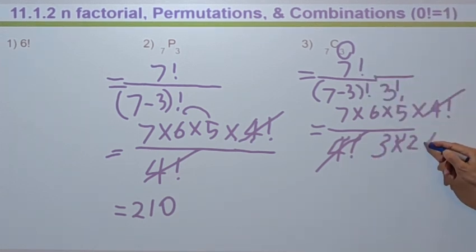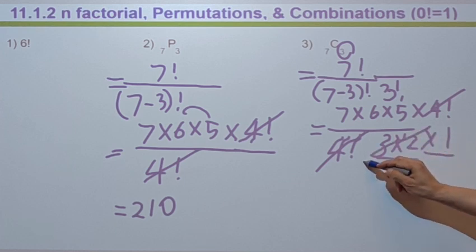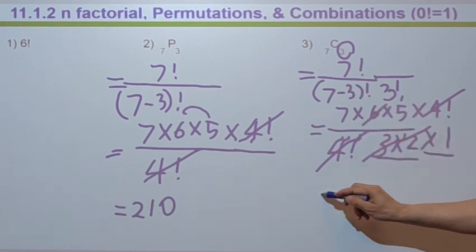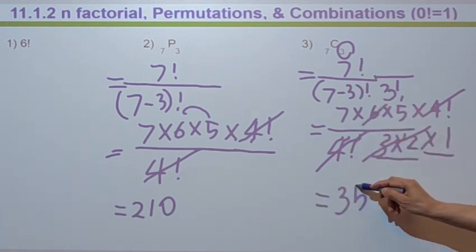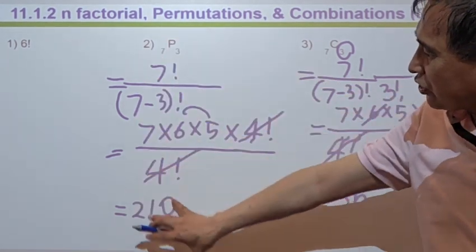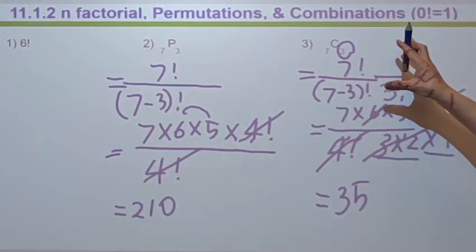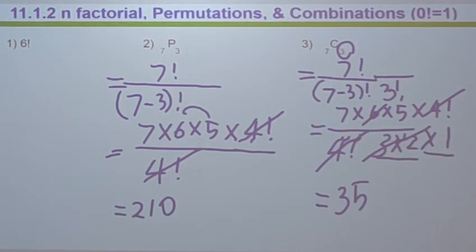This is 6, right? Then 6 cancels out between the numerator and denominator. That's 35. That's a big difference, right? When order matters, permutation, there are a lot of cases. But when order doesn't matter, there are only 35 cases.